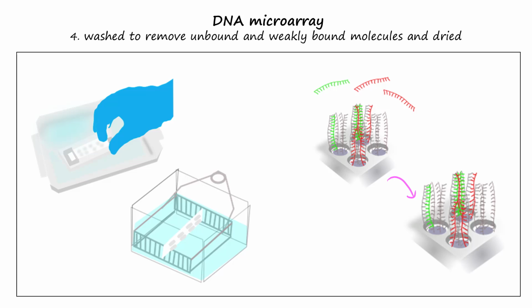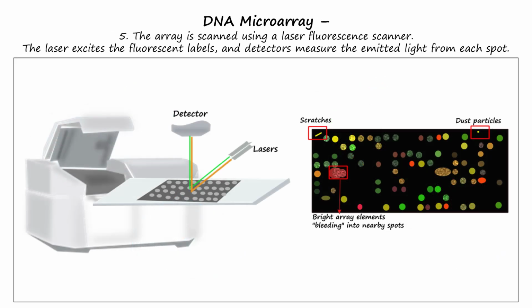Following hybridization, the array is washed to remove unbound and weakly bound molecules. Initial washes remove excess sample, while more stringent washes performed at controlled temperatures eliminate mismatched hybrids, ensuring that only highly specific probe-target interactions remain. The array is then dried and scanned using a laser fluorescent scanner.